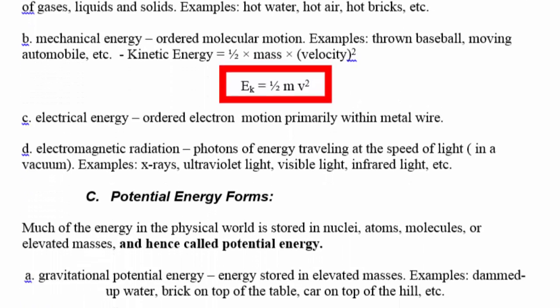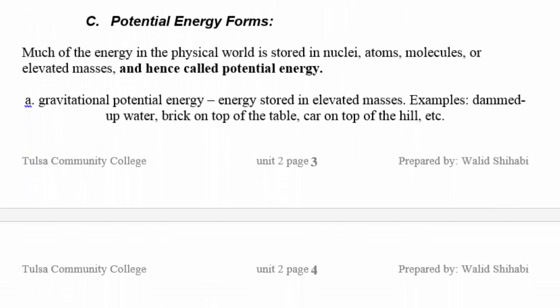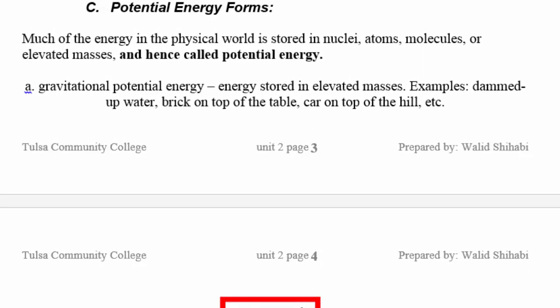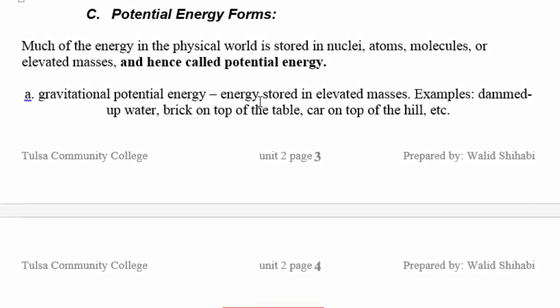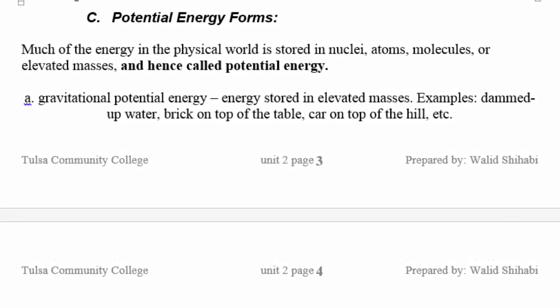Now let's talk about potential energy, and that's energy stored in the object, and whenever it's liberated it will perform work. The first type of potential energy is called gravitational potential energy, and this is energy stored in elevated masses.